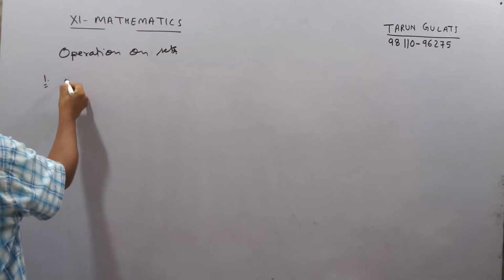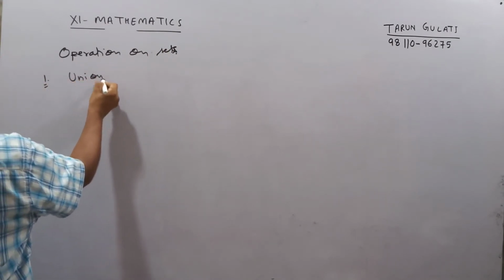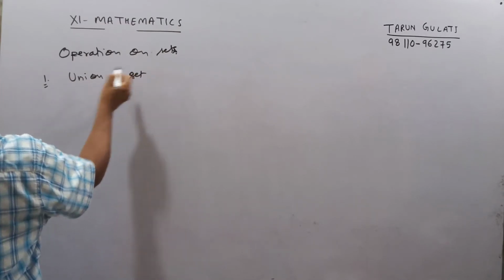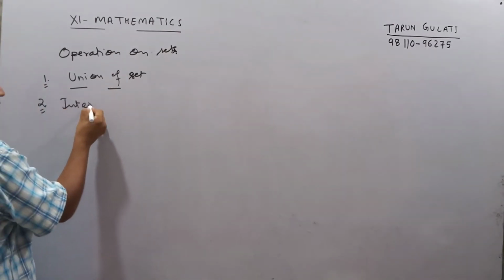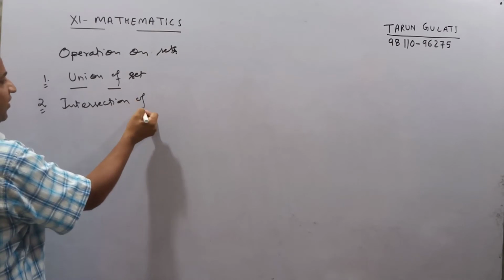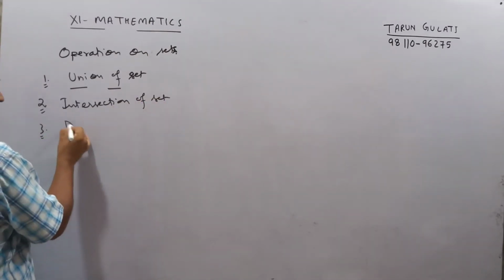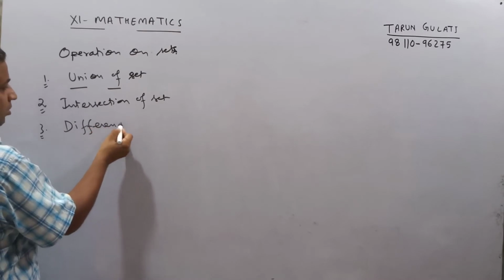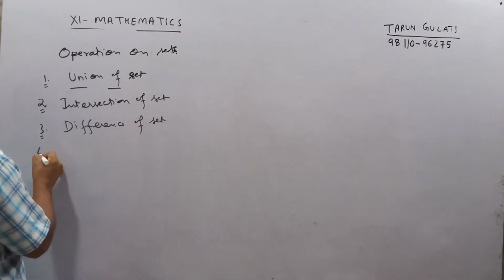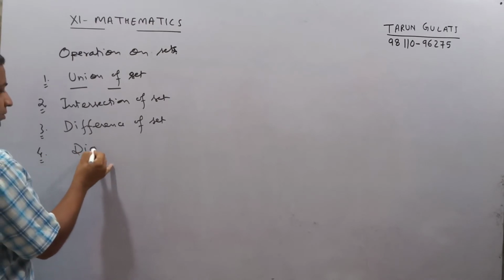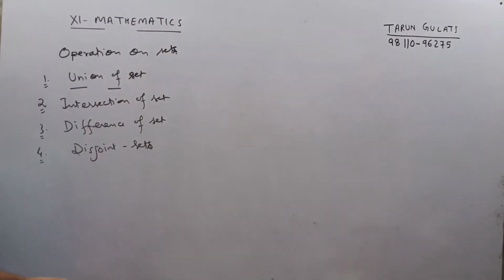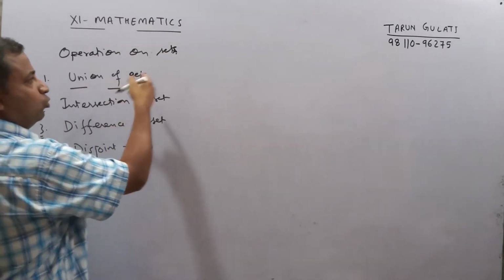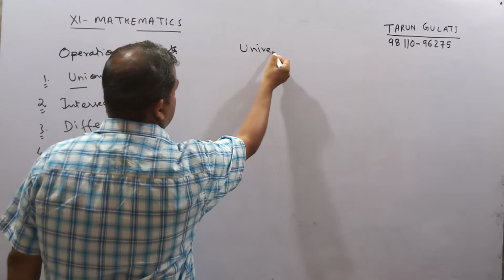By operation of set we mean number 1, union of set, number 2, intersection of set, number 3, difference of set, number 4, disjoint sets. On operation, we have to keep in mind these formulas here. Union of set, before doing union, we have to keep in mind the meaning of universal set.